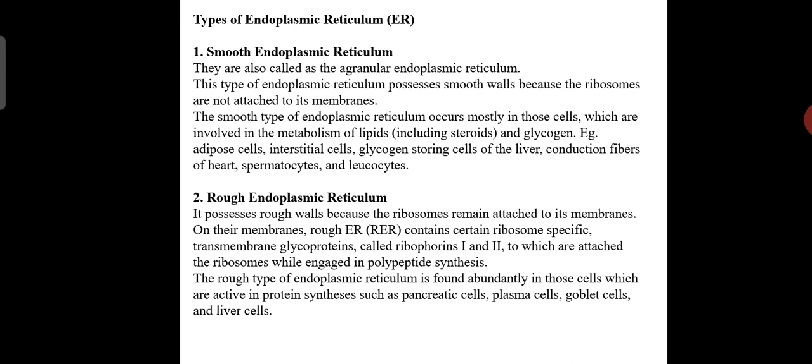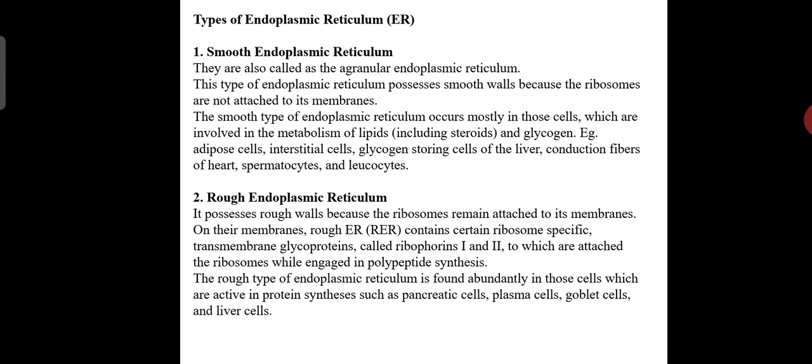Next, rough endoplasmic reticulum. It possesses rough walls because the ribosomes remain attached to its membranes. On their membranes, rough ER contains certain ribosome-specific transmembrane glycoproteins called ribophorins 1 and 2, to which the ribosomes are attached while engaged in polypeptide synthesis.